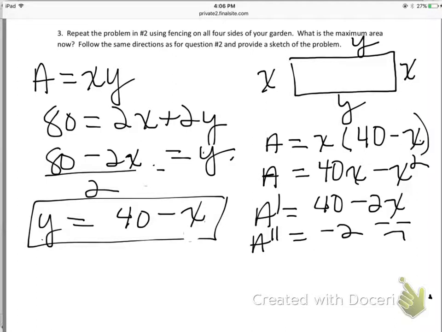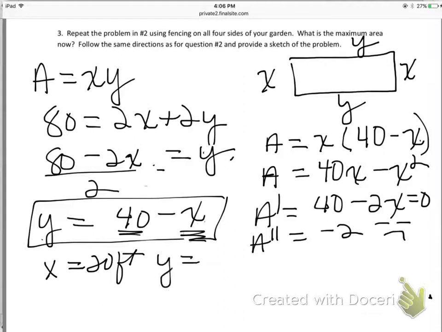Next I want to ask, what will my x be now? Set your first derivative equal to 0. 40 minus 2x equals 0. x will be 20, so x is going to be 20 feet. Since y equals 40 minus x, 40 minus 20 is also 20 feet.